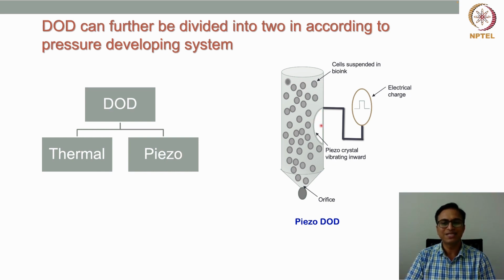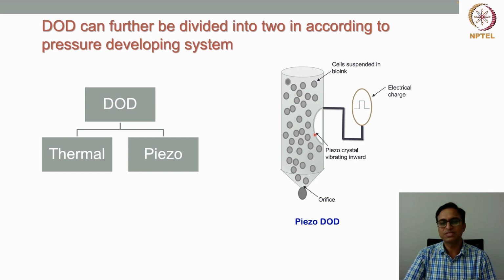Due to the vibration, it creates a pressure on the liquid column, and due to this, the droplet is ejected from the nozzle, right? So based upon the vibration, the droplets are created.